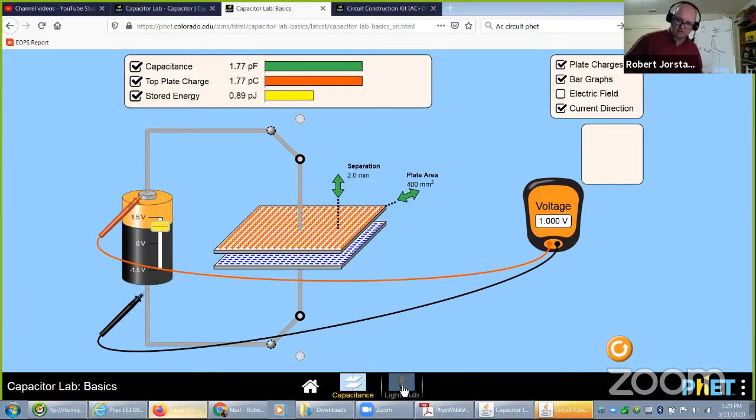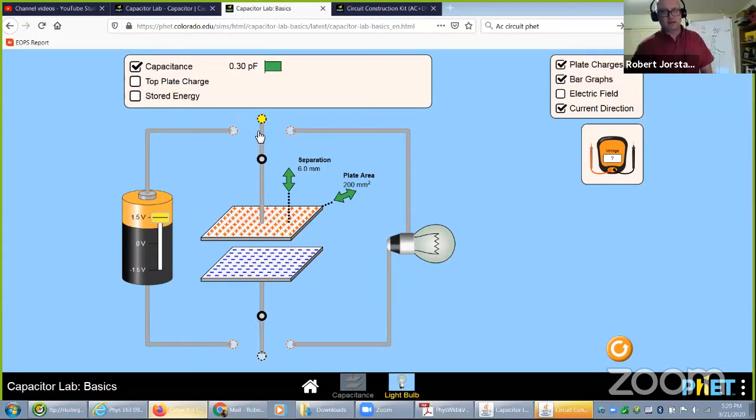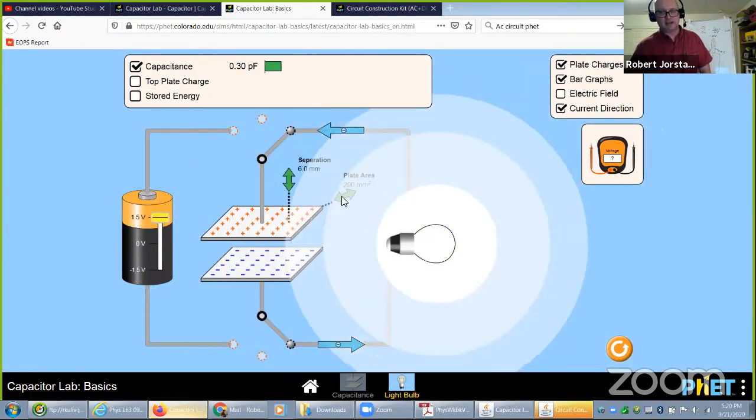Why are we going to learn about this? Now, I know this is kind of jumping ahead a little bit. We can't really do this yet, but here's why you care about this. In practice, you could charge up this capacitor, then remove the battery, and then connect this capacitor to a light bulb, and you get some light out of it.